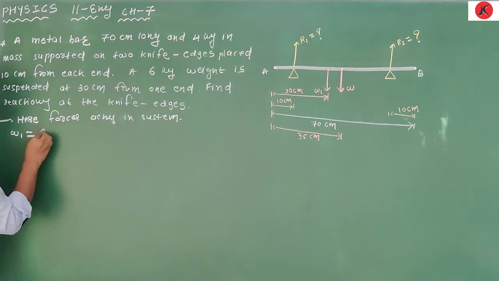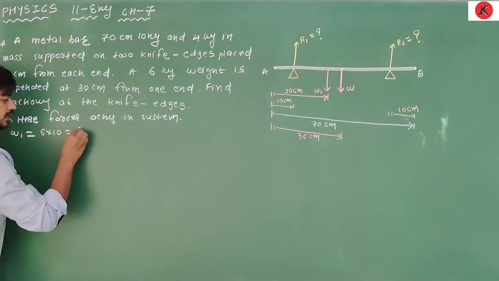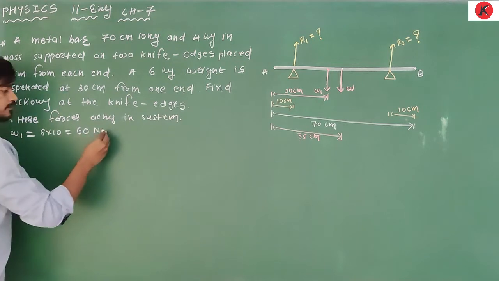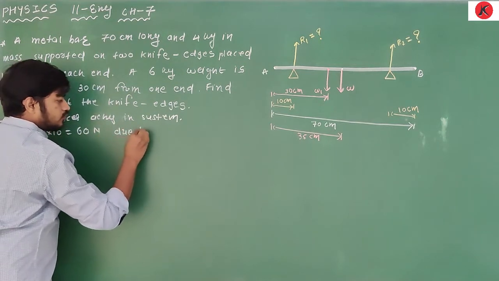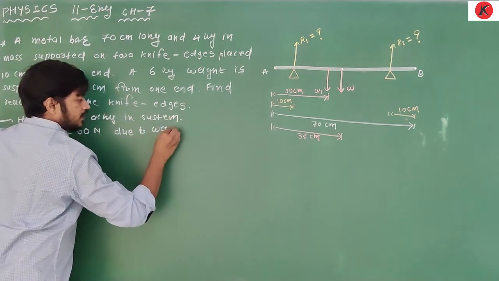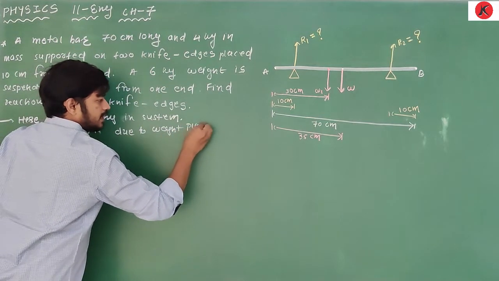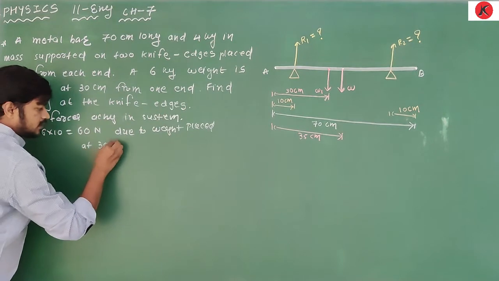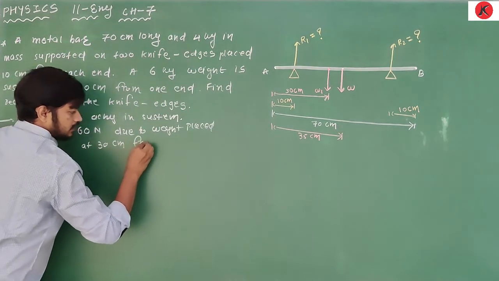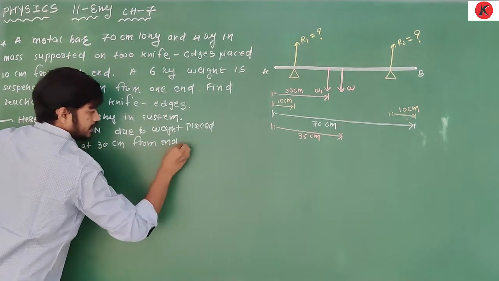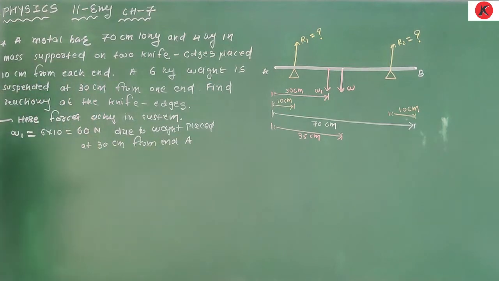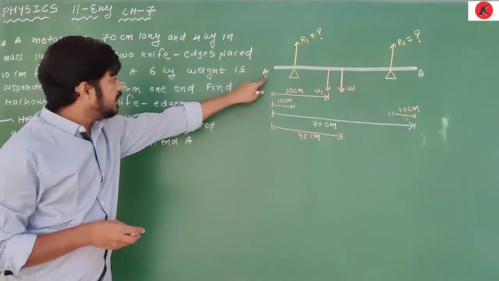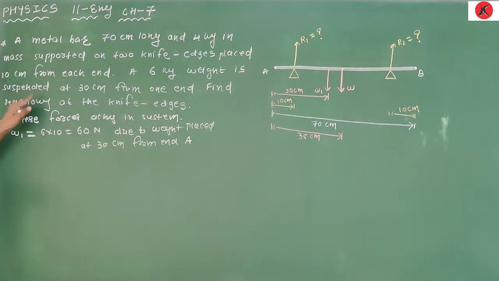So W1 is equal to 6 into 10, which is 60 Newton, due to weight placed at 30 centimeter from end A. Okay, from this end A, a 6 kg weight is suspended at 30 cm.